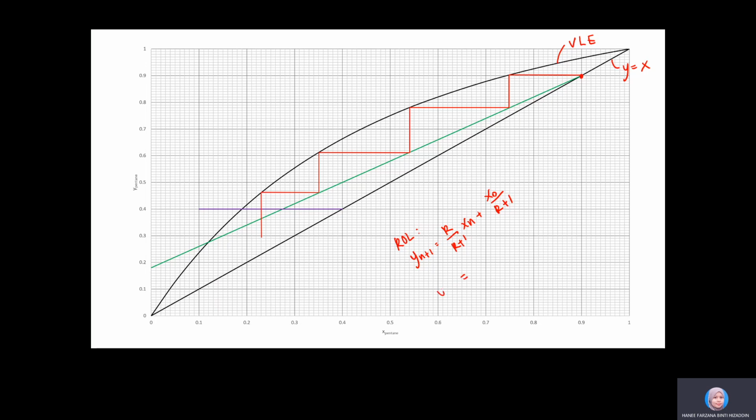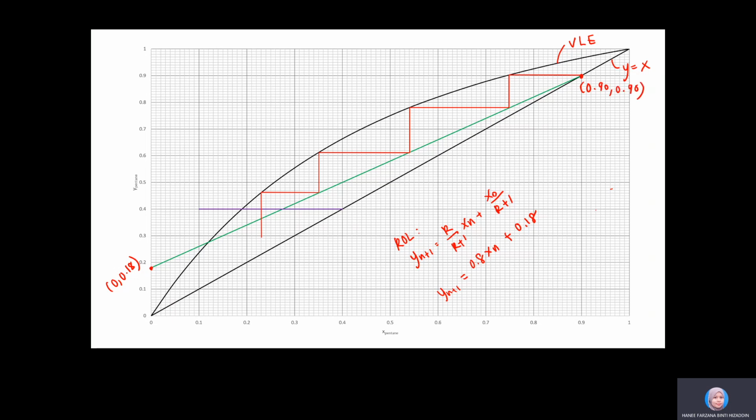So y(n+1) equals 4 over 4 plus 1, which is 4 over 5, so 0.8 xn plus xD, which is 0.9 over 5. So 0.9 divided by 5 is 0.18. That's why here is your 0.0 and 0.18, and here is your xD, 0.9 and 0.9.